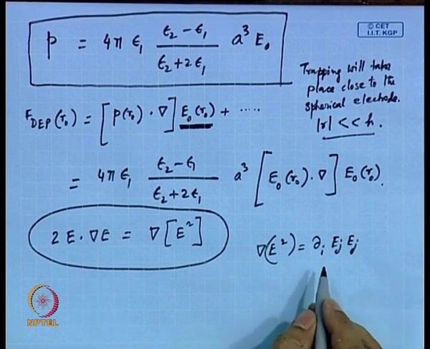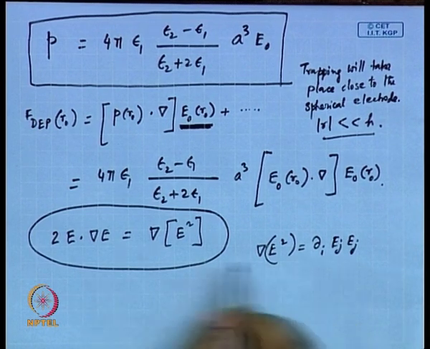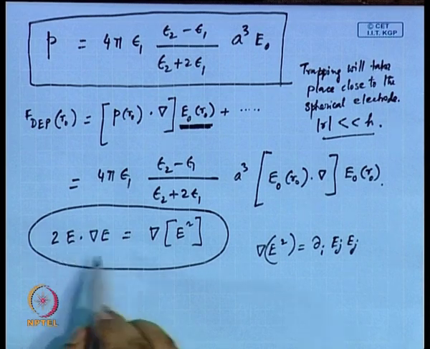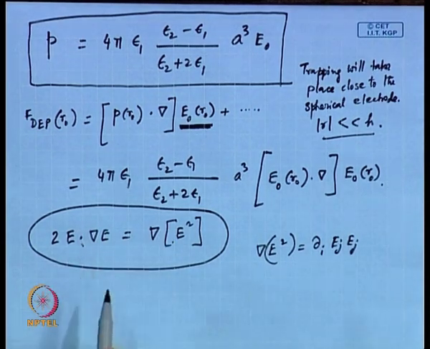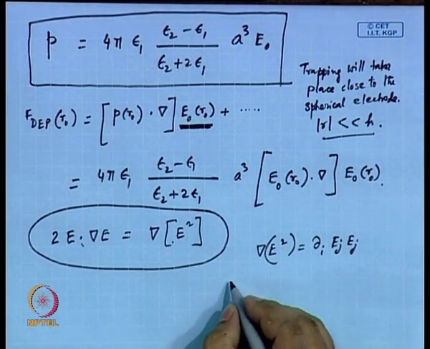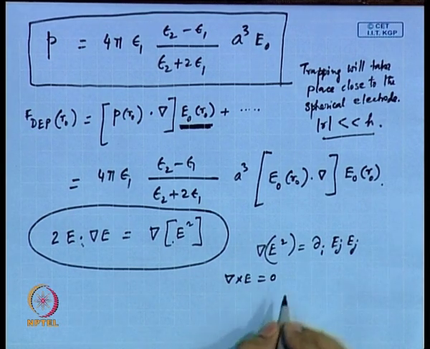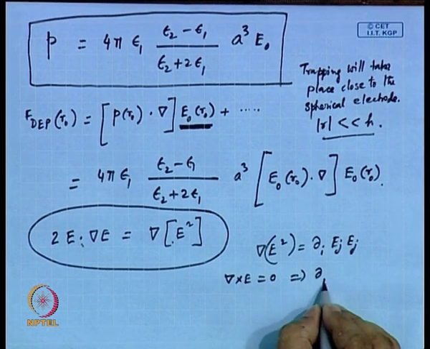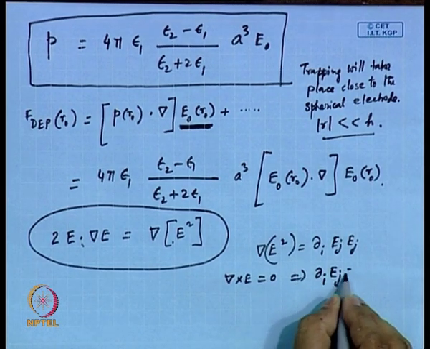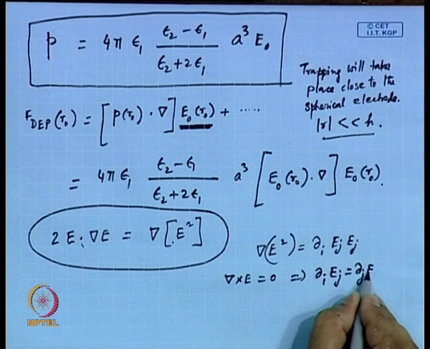On the other hand, you can equate the left hand side to the right hand side only if you have del cross E equal to 0. What this means is del i of E j is equal to del j of E i.